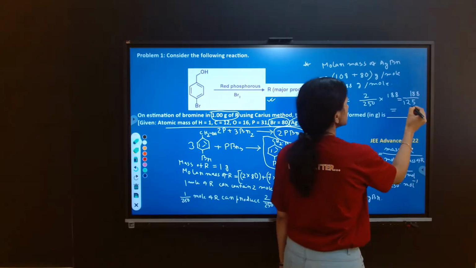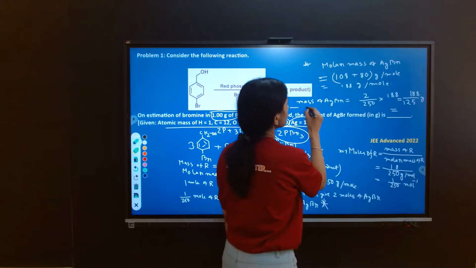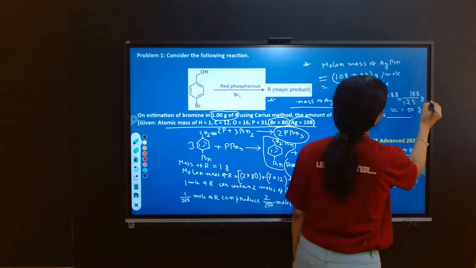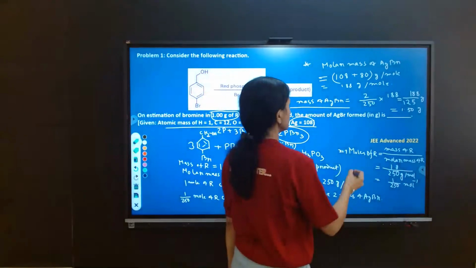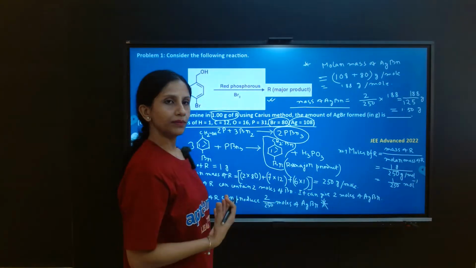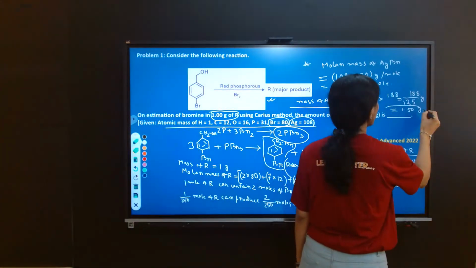If you calculate, it gives you the mass of AgBr as 1.50 gram. And that is what we are asked to calculate in this problem. So the mass of AgBr that will be produced due to this reaction is 1.50 gram.